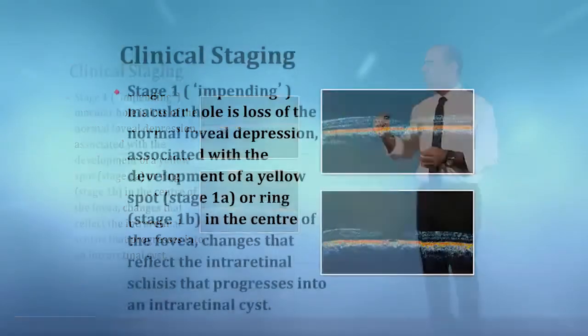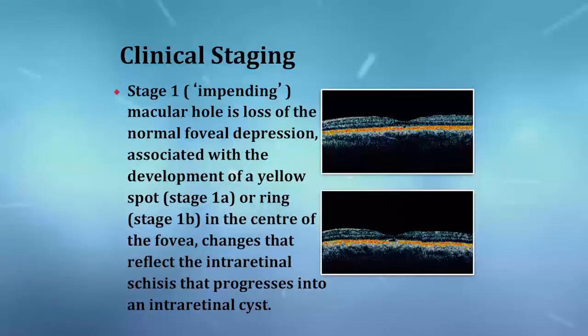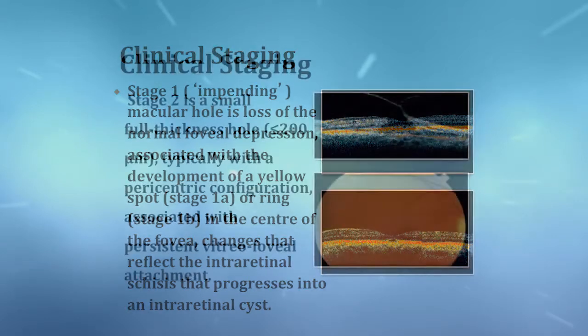So this is a stage 1 hole, an impending macular hole, with loss of the normal foveolar depression associated with the development of a yellow spot, which is stage 1A, and stage 1B depends on the size of this dehiscence. In the center of the fovea, there are changes that reflect intraretinal schisis that progress to an intraretinal cyst.